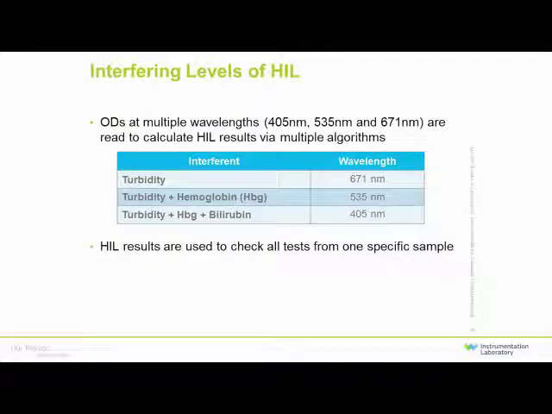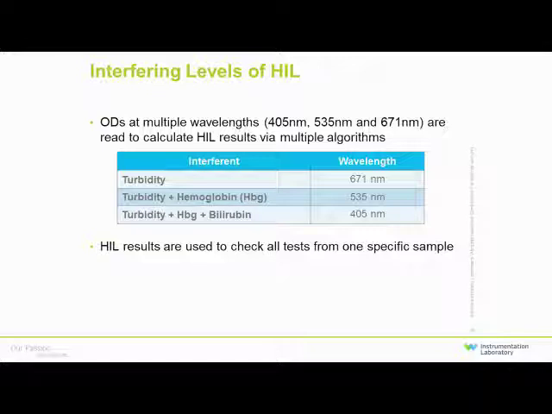Okay, and why those three levels? The reason for the three levels is turbidity at 671. 99.9% of your interference is going to be from turbidity, not from bilirubin, not from hemoglobin. At 535, you have a combination of hemoglobin and turbidity, and then at 405, you have turbidity, hemoglobin, and bilirubin all contributing to the absorbance at that wavelength.